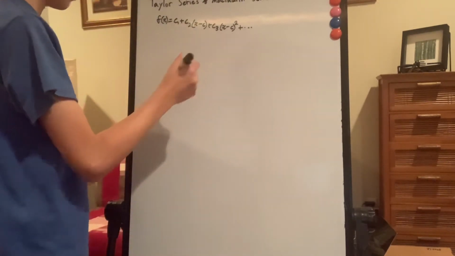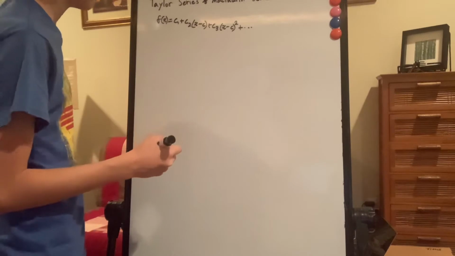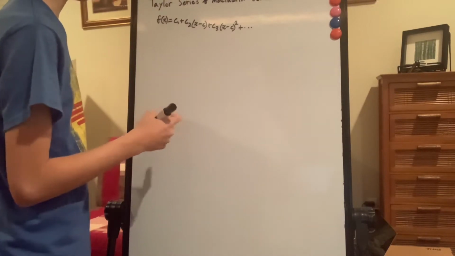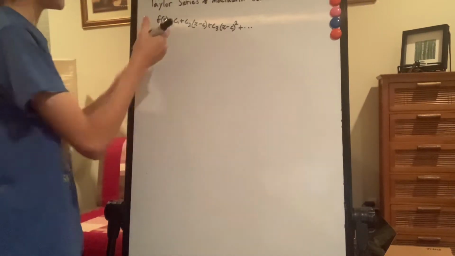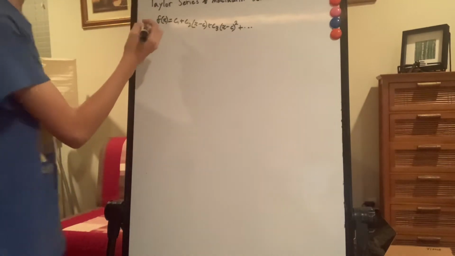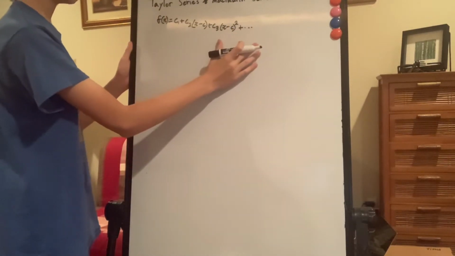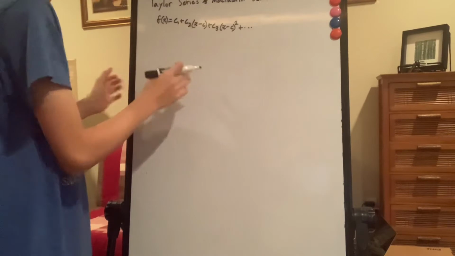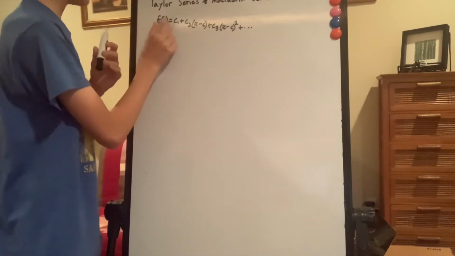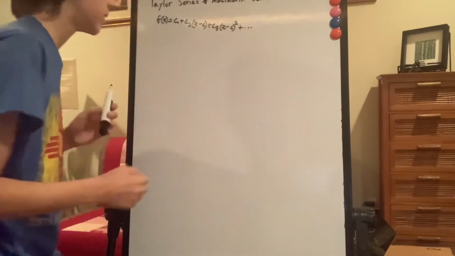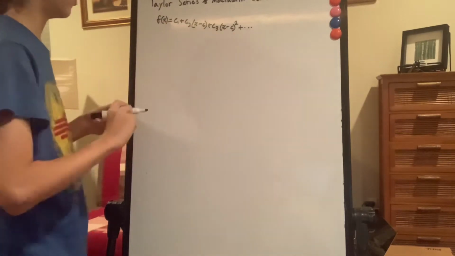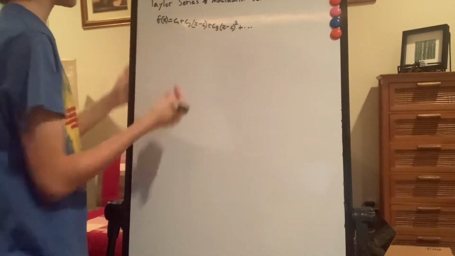Okay, and essentially what we want here, in order to get as good of a representation for f of x as a polynomial, is that we want all the derivatives of f of x to match up with this polynomial. And that includes the 0th derivative.